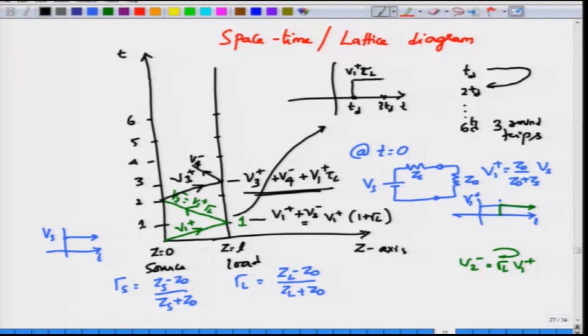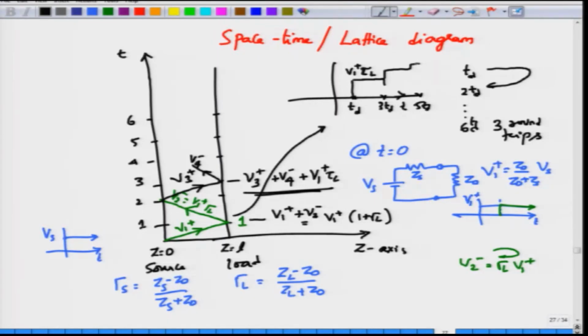It could be jumping down or it could be jumping up, depending on the signs of gamma L and gamma S. For this problem, where I am not given the numbers, I will simply assume that it has jumped by some amount. And this continues up to 5 Td, at which point you will again see a jump.